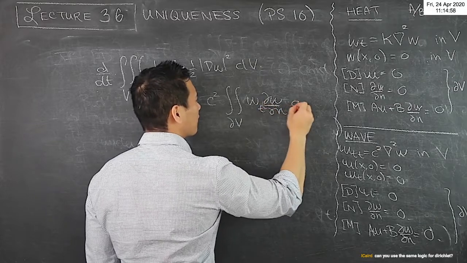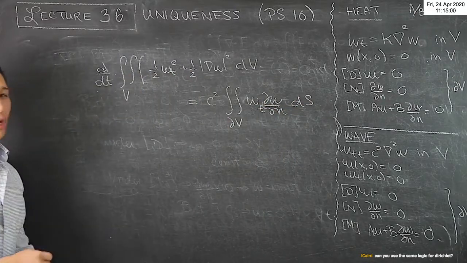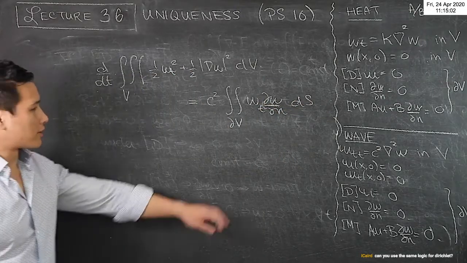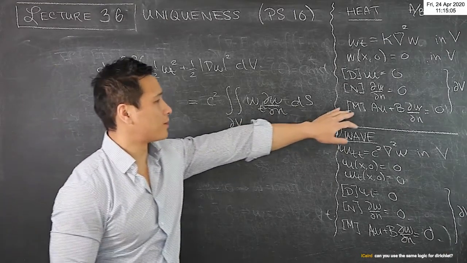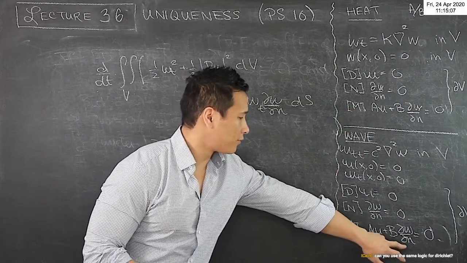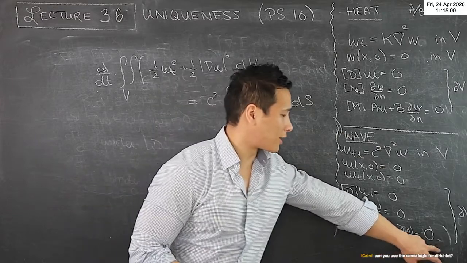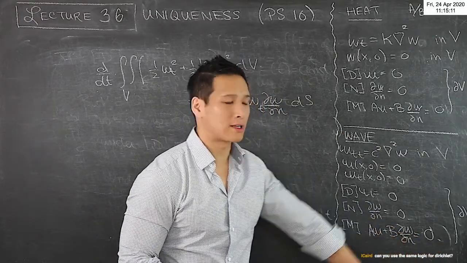On the right-hand side, I had that. Okay, so now I do the same thing as I did for the heat equation. I move the AW to the right-hand side here, and then I make the substitution for dW/dn.